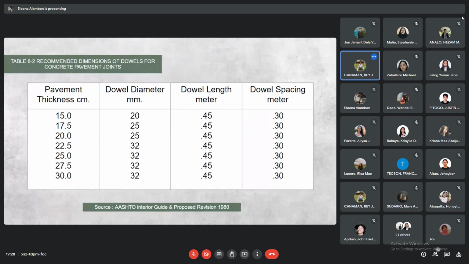For example, for a 15 pavement thickness, a 20 dowel diameter is needed. Then for 17.5, it is 25, same as 20. Then for 22.5, it is 32, which is the same diameter for 25 and 27, and also 30. So next slide please.